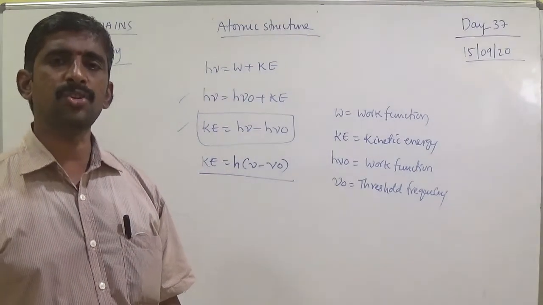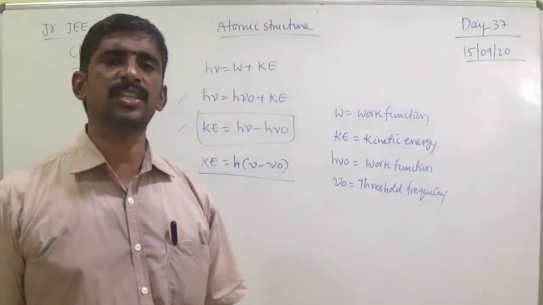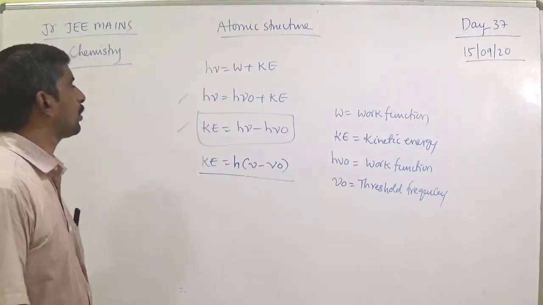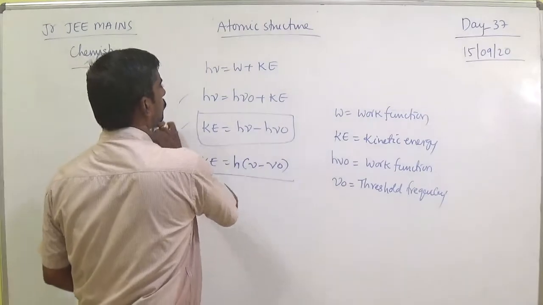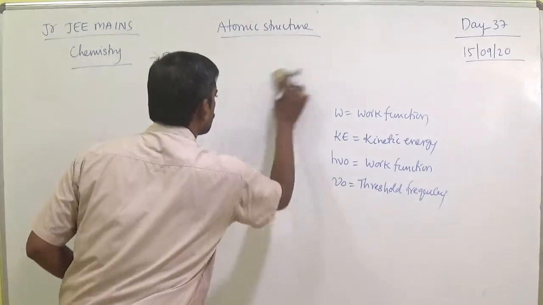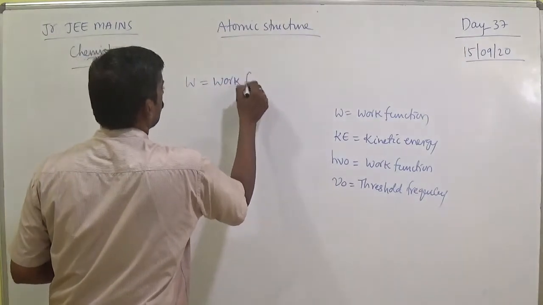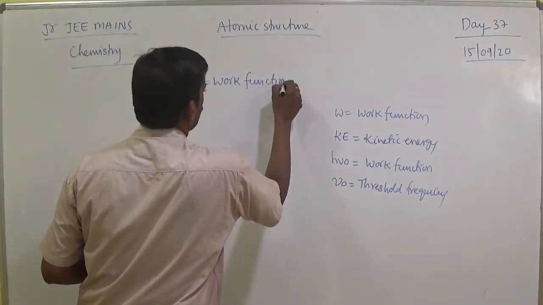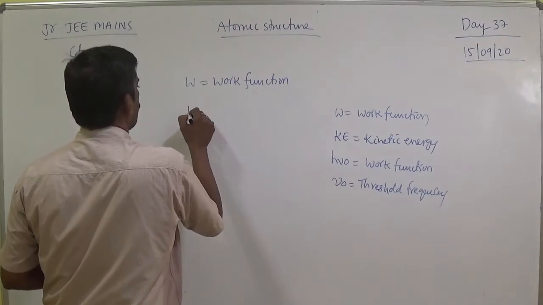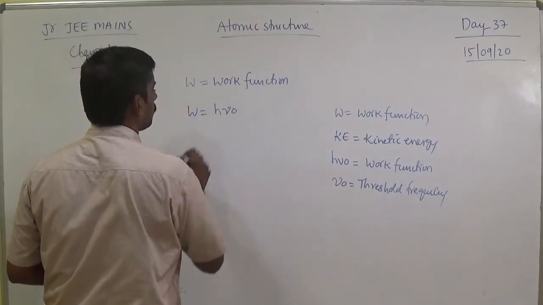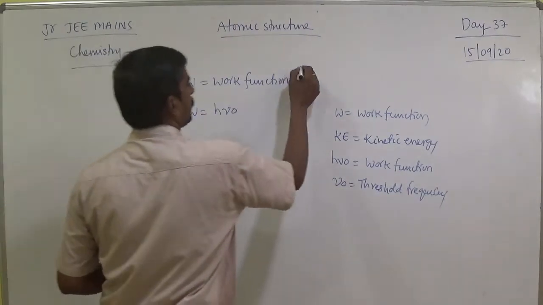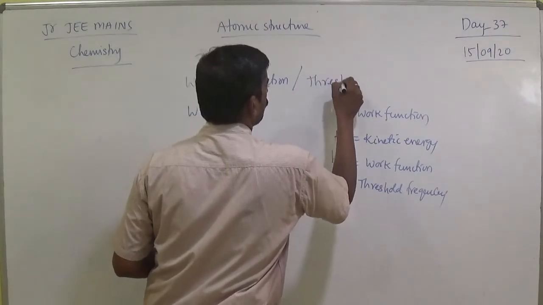What is meant by threshold energy? Threshold energy, another name is work function. Work function W equal to h nu naught. Work function, another name is threshold energy.